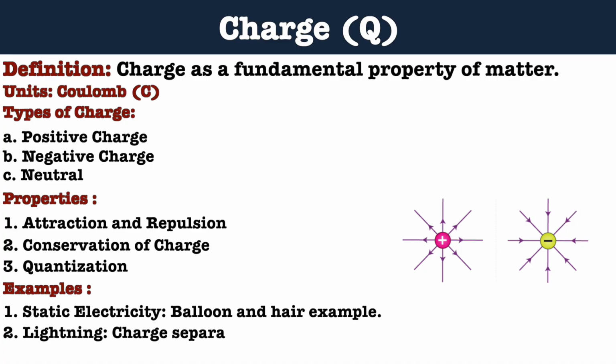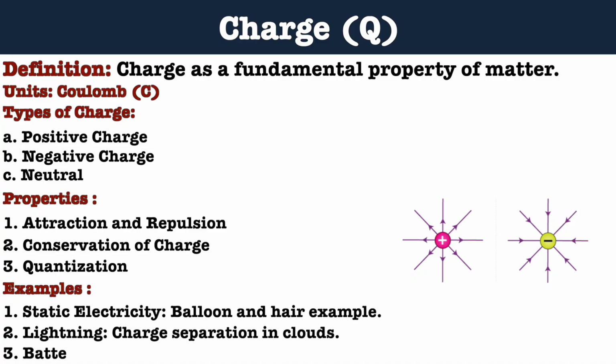Another example in everyday life is lightning. During a thunderstorm, friction between particles in the clouds causes charge to separate, leading to a buildup of negative charge at the bottom of the cloud and positive charge at the top.